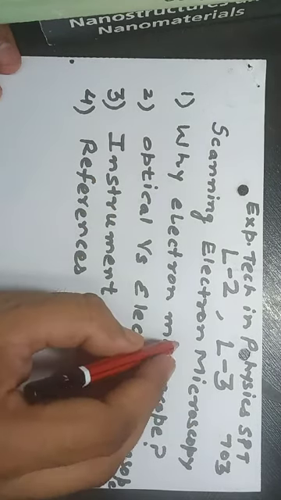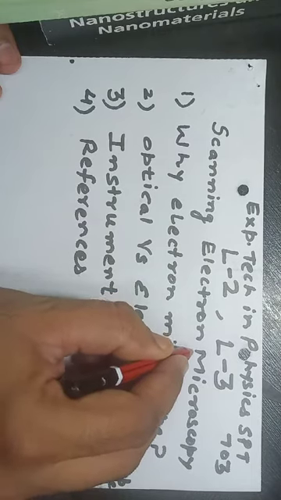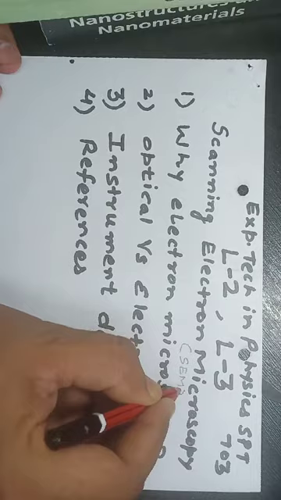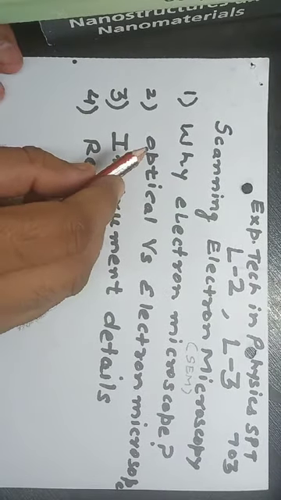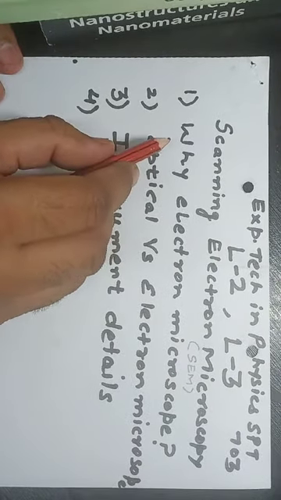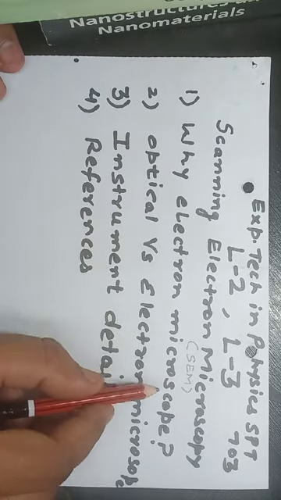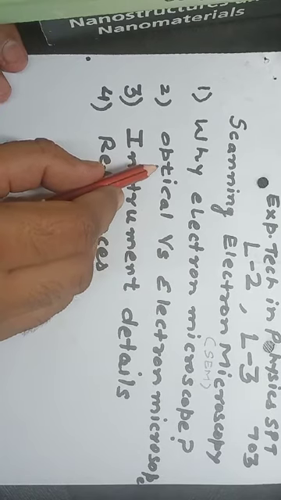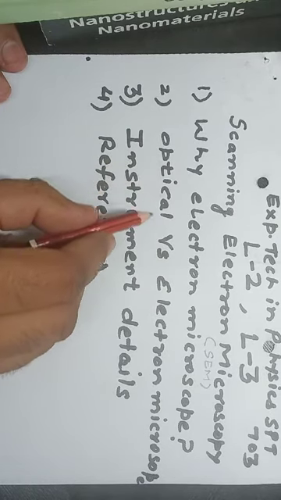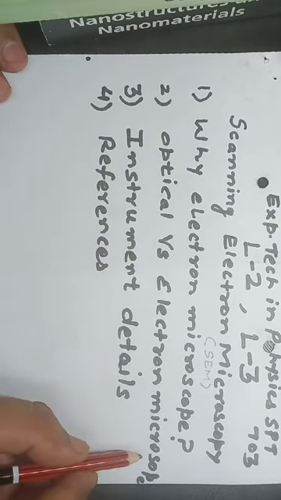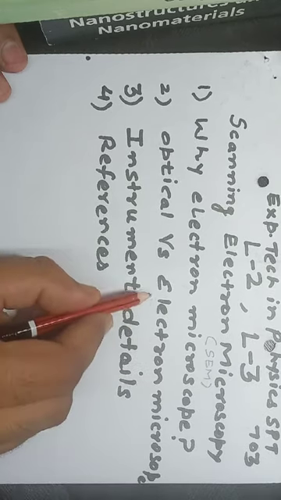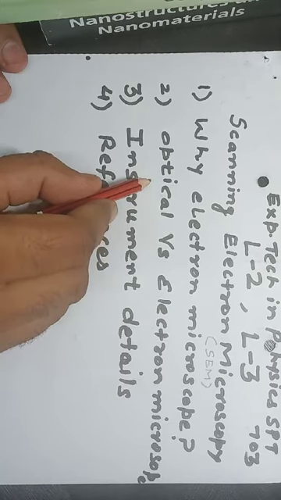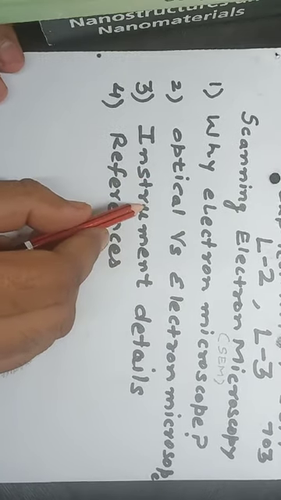In short, I would just write it as SEM. The first question that we would try to answer is why an electron microscope is required. The second question is optical versus electron microscope: what are the advantages of the electron microscope over the existing optical microscope, which we have to discuss in detail.